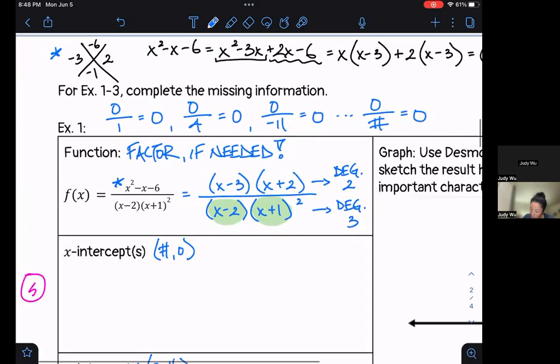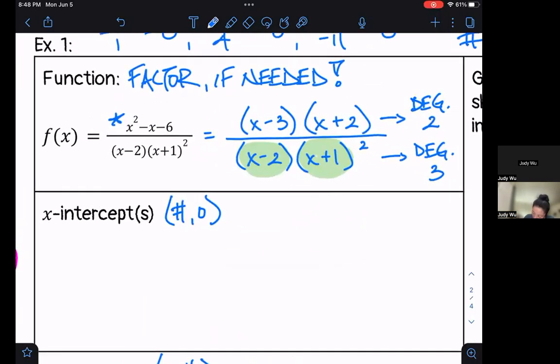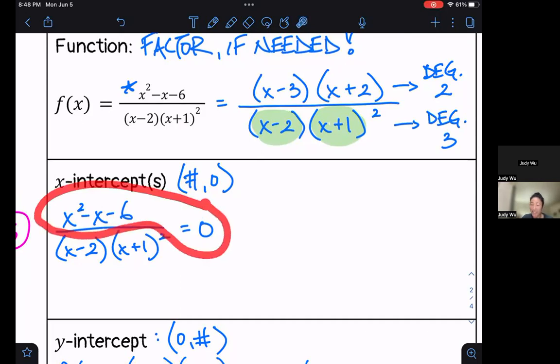So even though we want to do this, we want to take (x squared minus x minus 6) over (x minus 2)(x plus 1) squared equal to 0. We have a fraction and we want it to equal 0. The only thing we really need to do is find out when the numerator equals 0, okay?